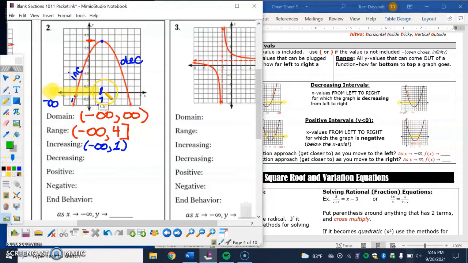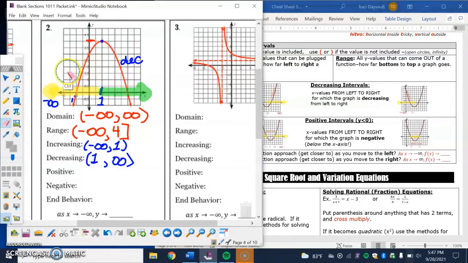It starts decreasing when x is 1, and it continues decreasing until x is infinity. Okay, so from when x goes from negative infinity to 1, the y values are increasing. After 1, the y values are decreasing.